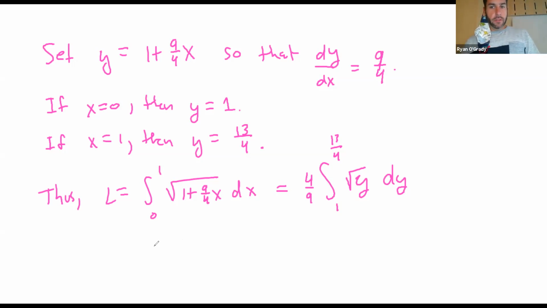So to integrate the square root of y, we note that square root is the same thing as power 1/2. So you add 1 to 1/2, you get a new power of 3/2. You divide by 3/2, that's the same as multiplying by 2/3. So what you get is 4/9 times 2/3 y to the 3/2, evaluated from 1 to 13 fourths.